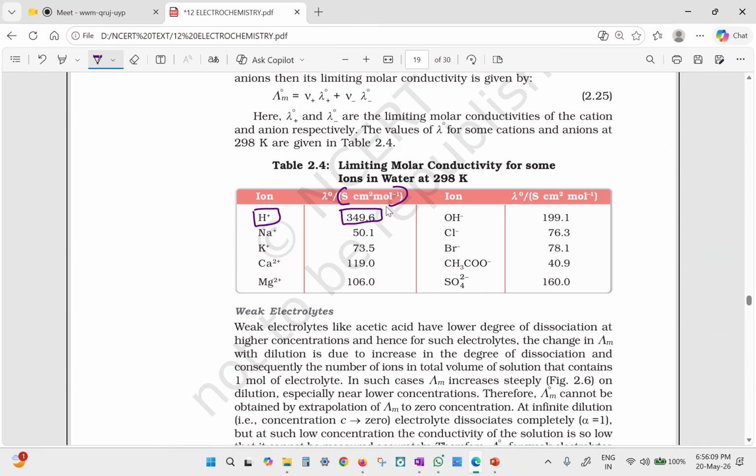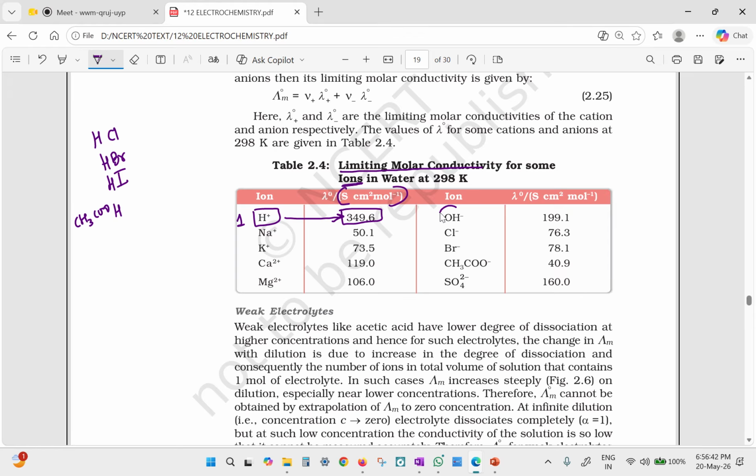Isn't it the unit of molar conductivity? One mole of hydrogen ions can show this much molar conductivity. Whether H plus is with Cl, Br, I, or CH3COO, it doesn't matter. Understood? So the limiting molar conductivity of the ion is independent of its anion, its counterpart.